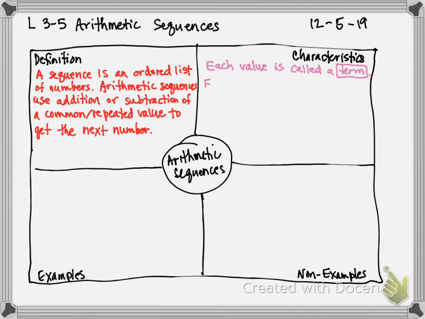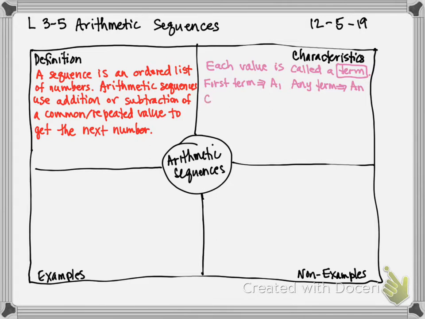The first term is known as a sub 1. Any term, so it can be any term in that sequence, is going to be represented by a sub n, where n is a number in the line. So if I wanted to find the 150th term, it would be the term a sub 150. That tells me to look for the 150th term, okay?